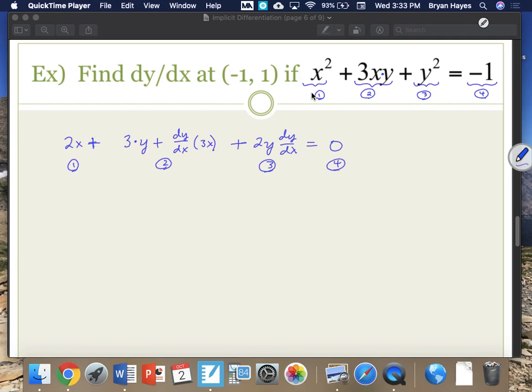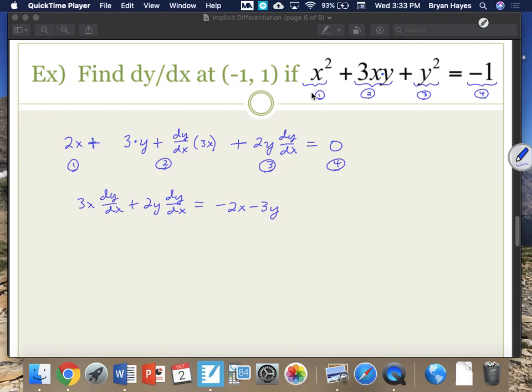All right, so we're going to move the non-dy dx terms away. And in doing so, we're going to have, let's see, that's going to be 3x dy dx plus 2y dy dx equals, let's see, both of those are going to be negative. So we'll just go negative 2x, negative 3y. That's just a moving stage right there of our work.